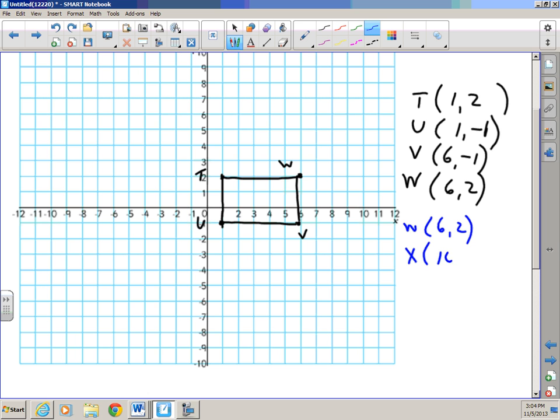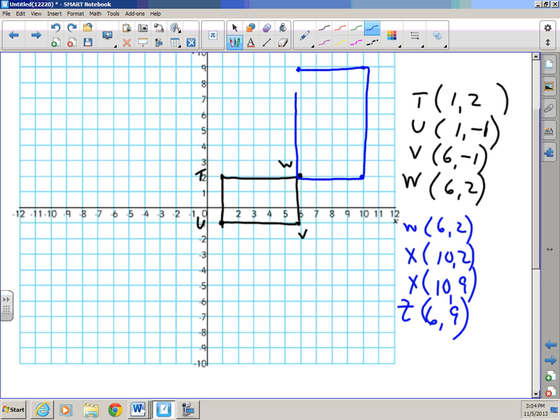X is 10, 2. Y is 10, 9. And Z is 6, 9. So I'm going to plot those additional 3 points. And I have W, X, Y, and Z. So now the question is, are these 2 figures similar?